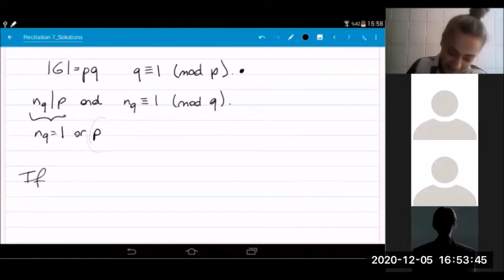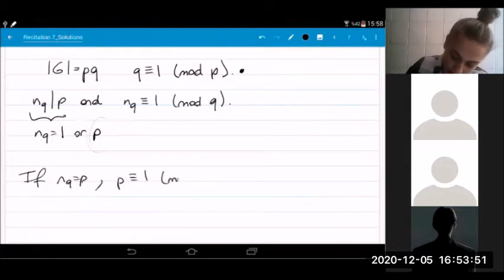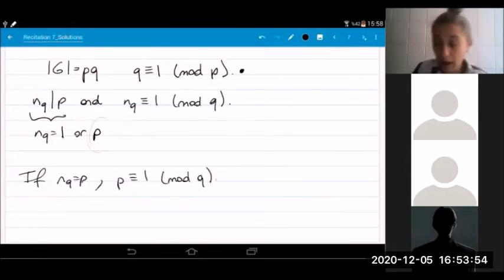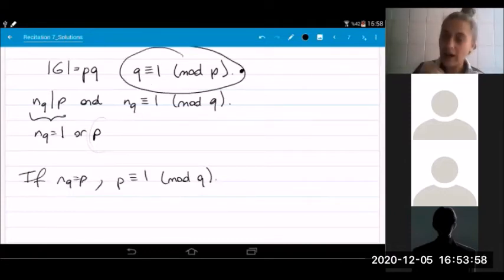Let us consider. If N_Q is equal to P, then this means that P has to be 1 modulo Q. But is it possible? If you have this as the condition, what does it mean in terms of division? Q divides P minus 1.